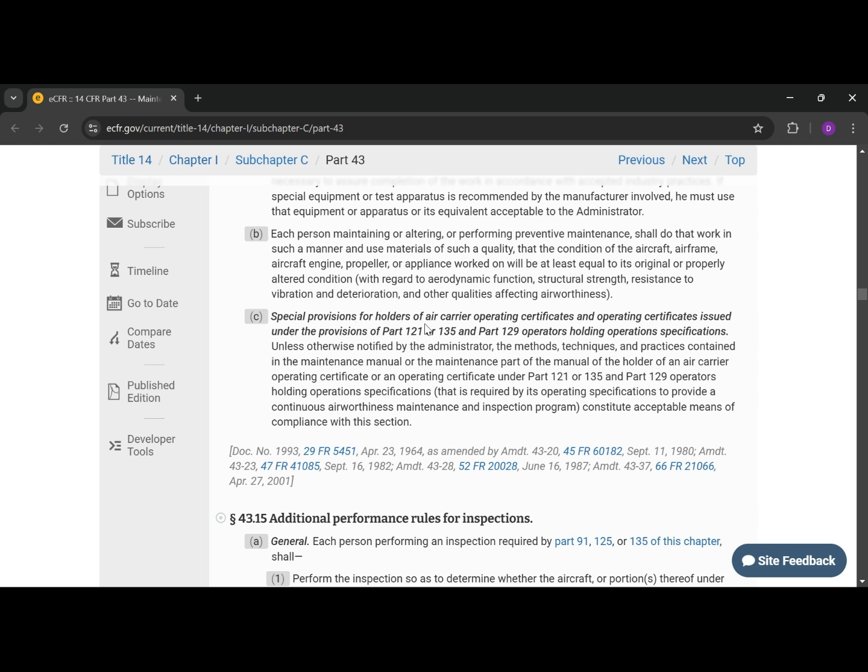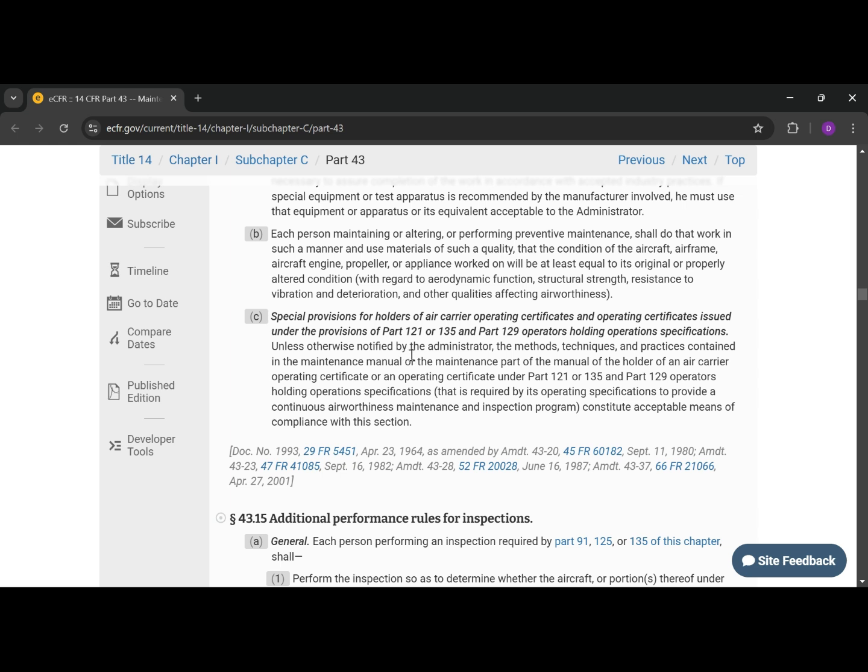Special provisions for holders of air carrier operating certificates and operating certificates issued under the provisions of Part 121 or 135 and Part 129 operators holding operation specifications.